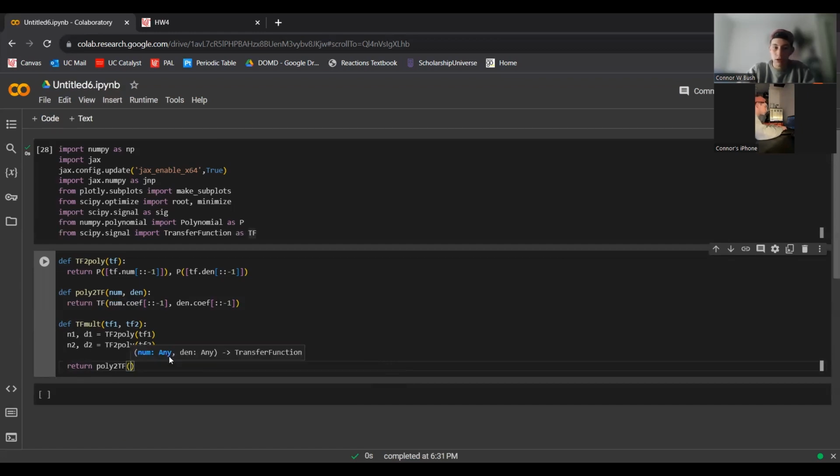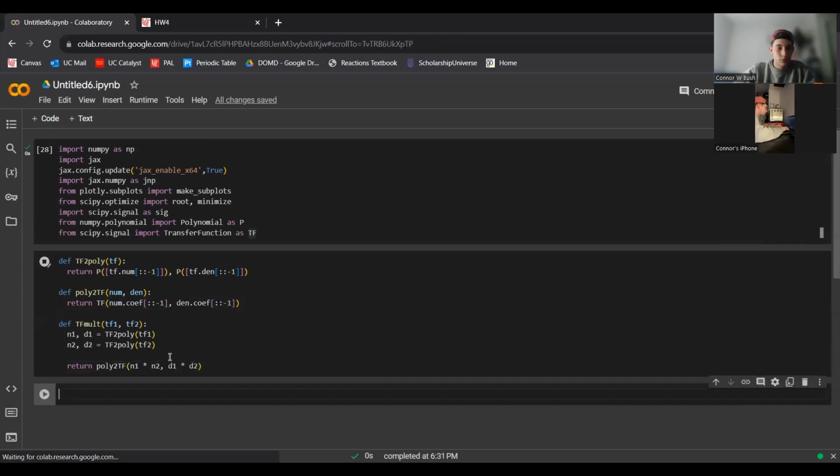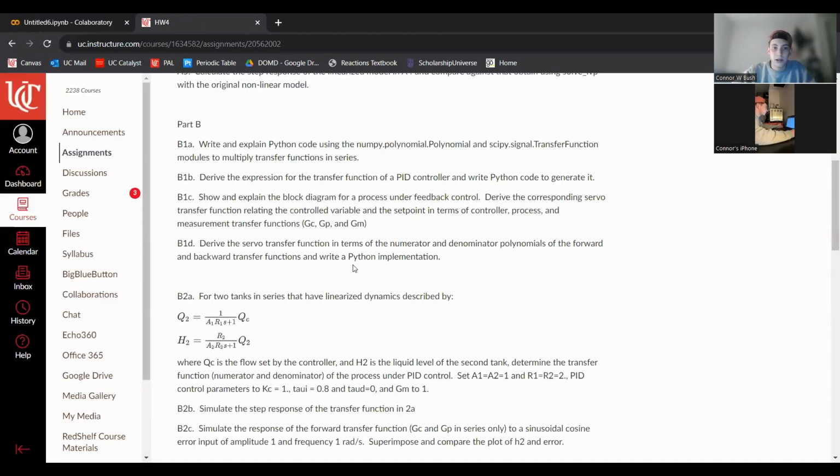And then our numerator is going to be n1 times n2. And then our denominator is going to be d1 times d2. So that is what we need for how we can multiply transfer functions in series.